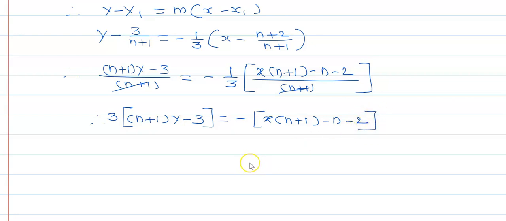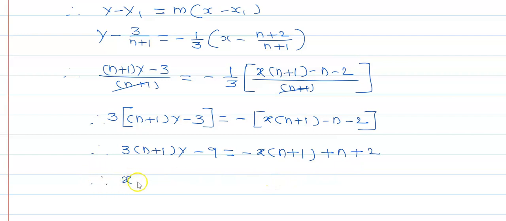The next simplification: 3(n+1)y minus 9 minus x(n+1), and this minus and that minus will become plus.